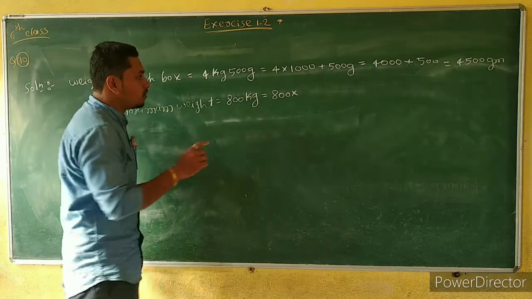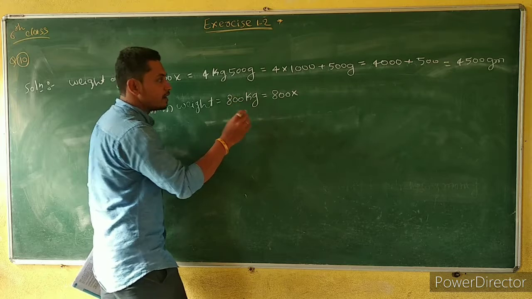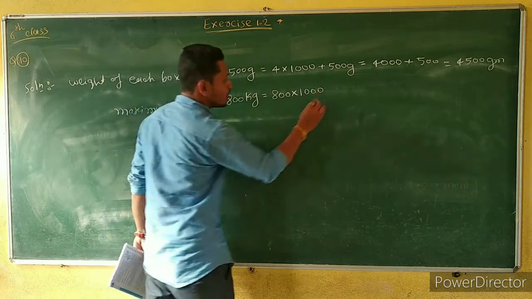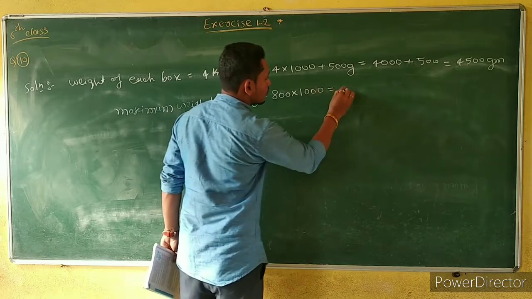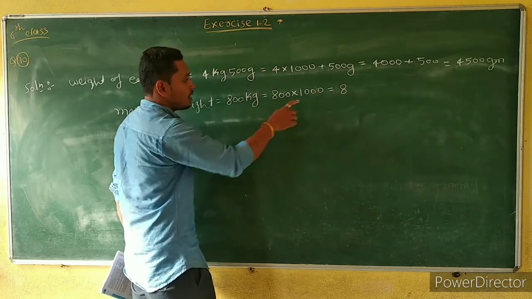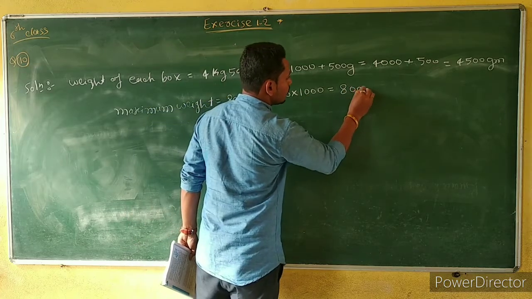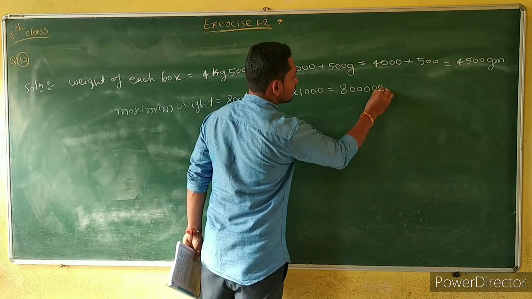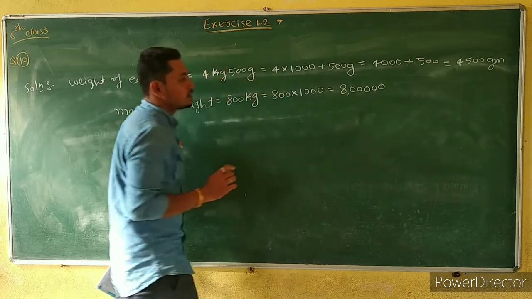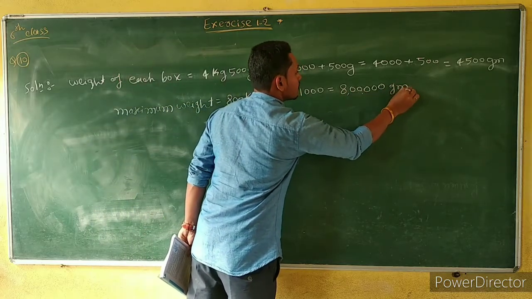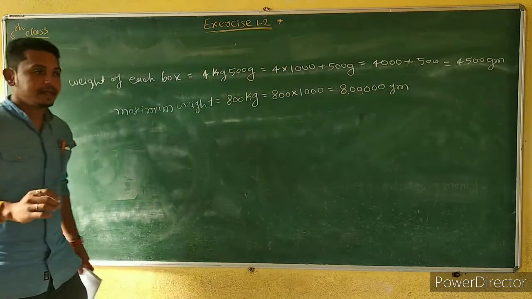So 8 as it is, and how many zeros? 1, 2, 3, 4, 5. So take 5 zeros, which means 8 lakh gram.